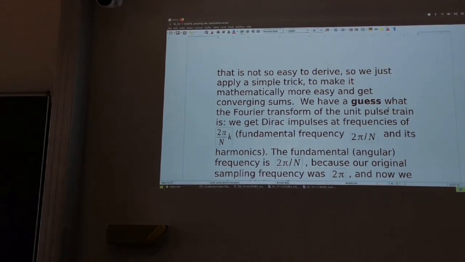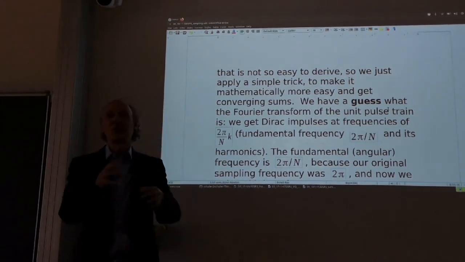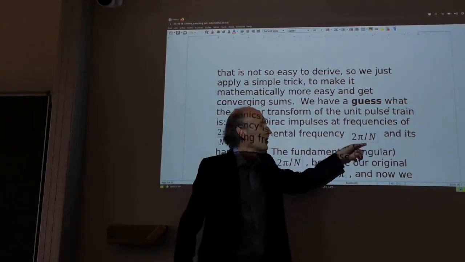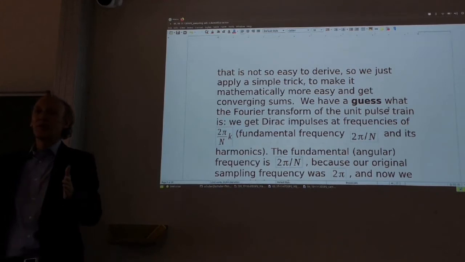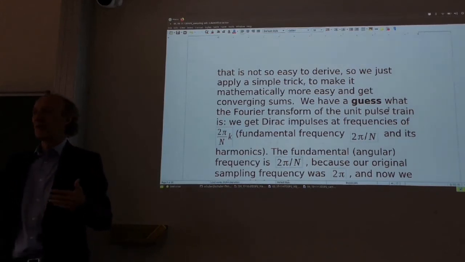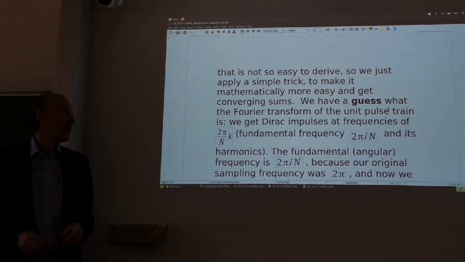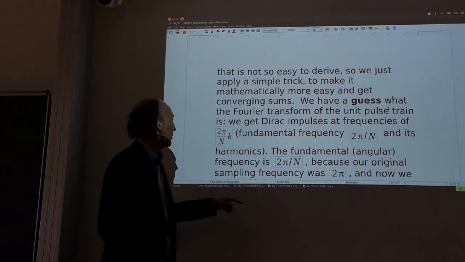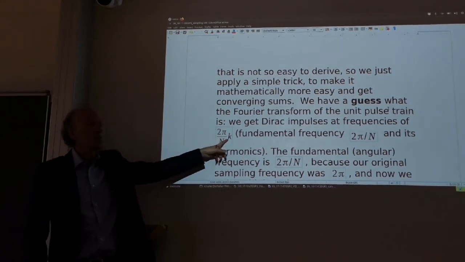So 2 pi is the original sampling rate. We downsample by N, so the new sampling rate is 2 pi divided by capital N. So this is your new sampling rate. And since we have a non-sinusoidal signal, we have harmonics. Only sinusoids have no harmonics. Everything else has harmonics, actually multiples of the fundamental frequency. So that's why this makes sense. We have 2 pi divided by N, and its harmonics.